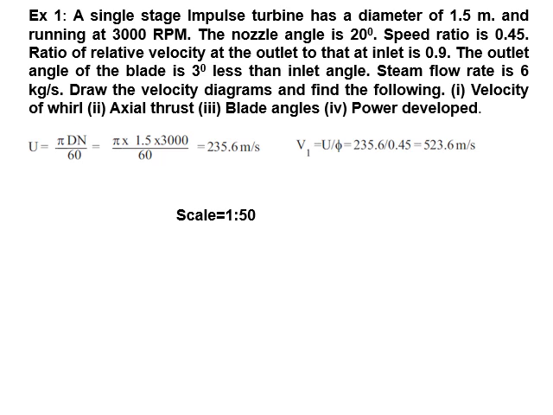Now after calculating the blade velocity as well as the absolute velocity V1, take a scale in order to draw the velocity diagram. Here the scale is taken as 1 centimeter equals 50 meter per second. Now draw a horizontal line, then mark the distance of u on that horizontal line.